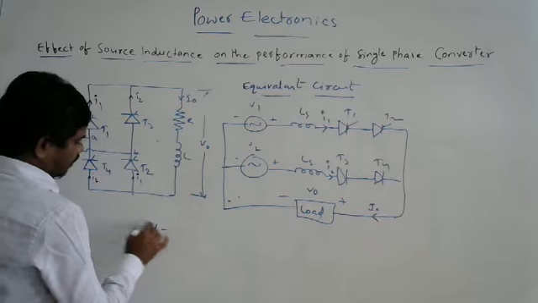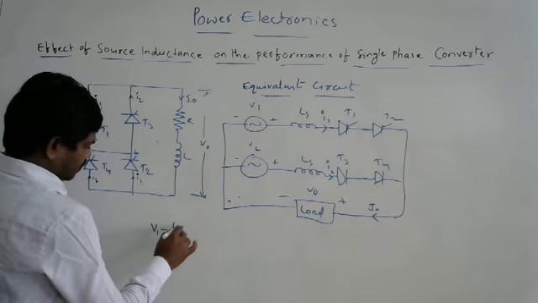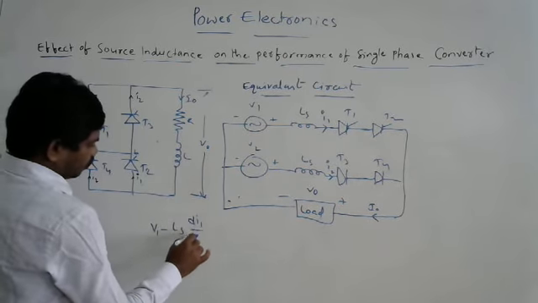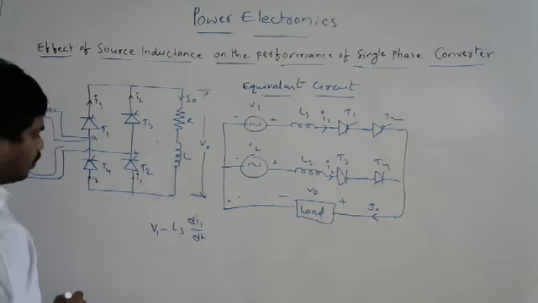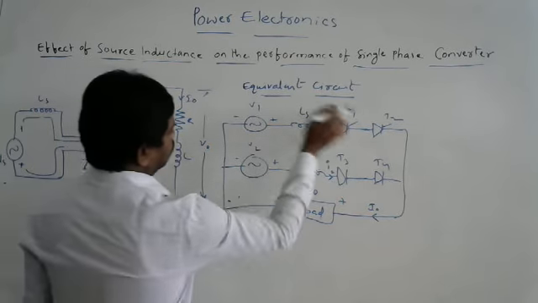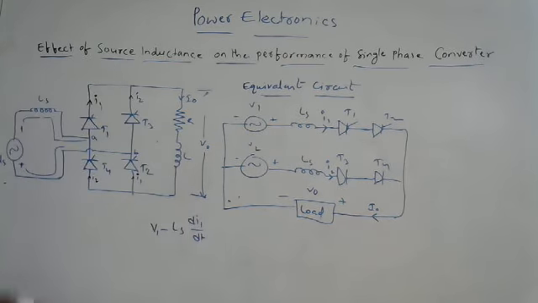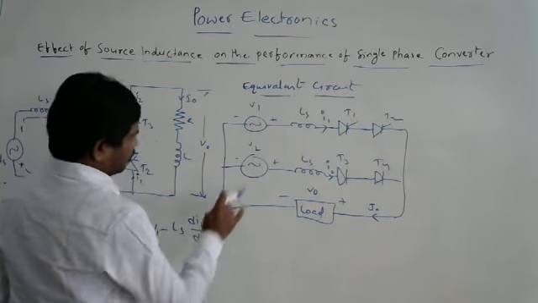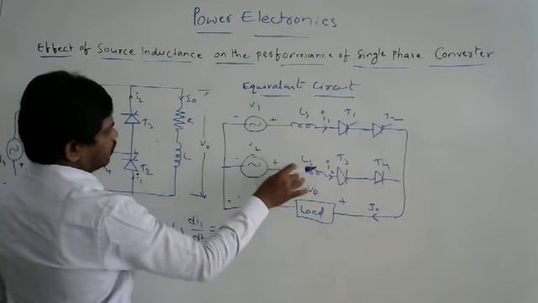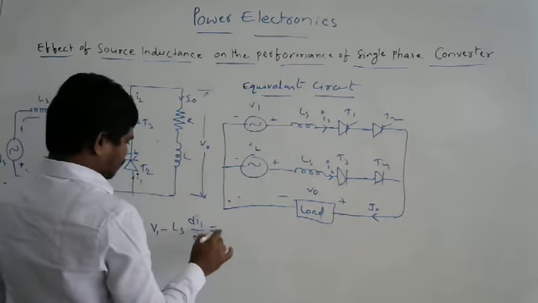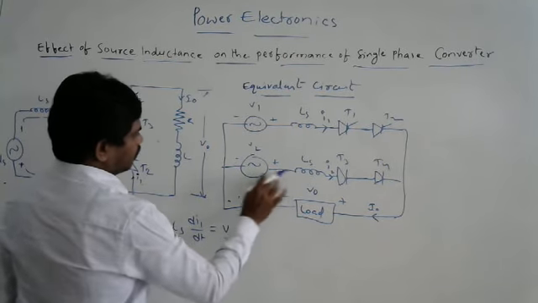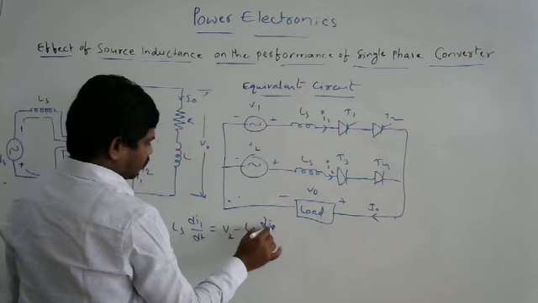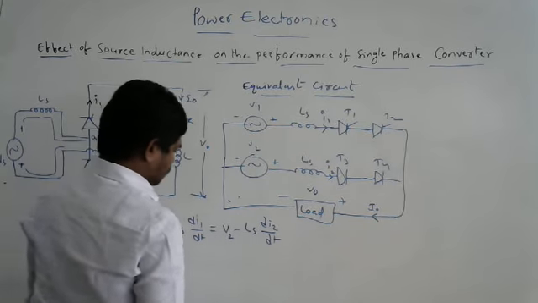V1 minus Ls times di1 by dt, the current flowing through that branch, neglecting the switching losses across T1 and T2, the semiconductor devices, is equal to, because the voltage across this branch and this branch is the same, V2 minus Ls times di2 by dt.